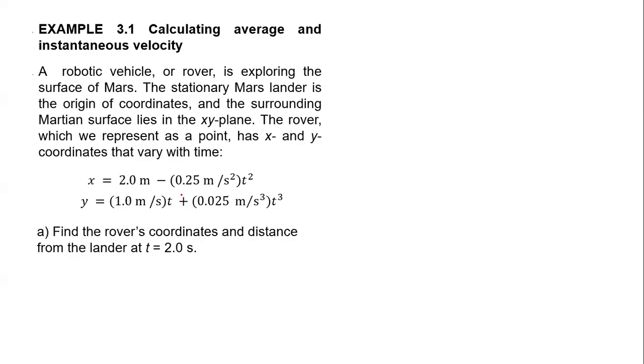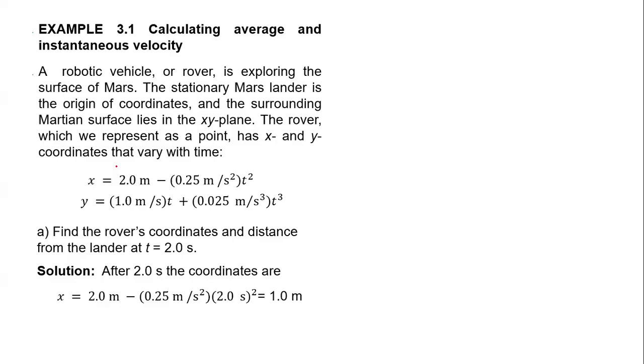The first question in this example is: find the rover's coordinates and distance from the lander at t equal to 2.0 seconds. Since you are given the position functions, you can find the coordinates at 2 seconds using these functions, if you substitute the time t here.